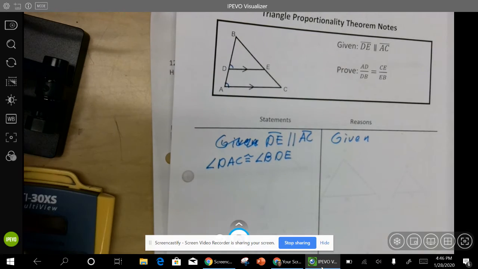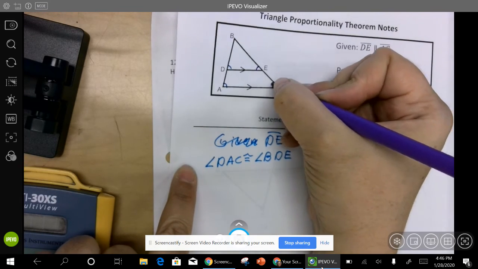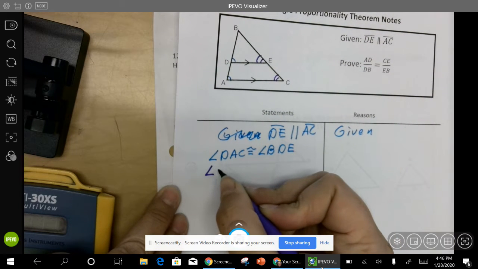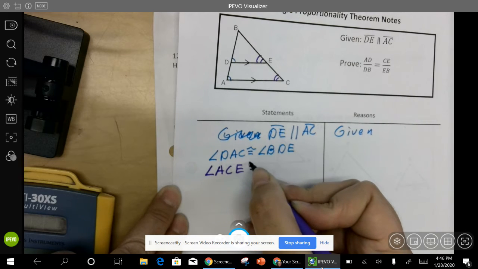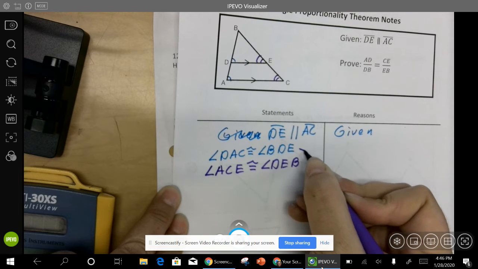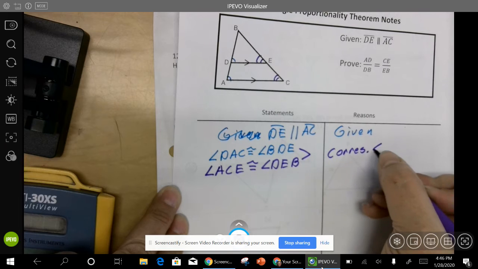And then we also have that these pairs of angles are congruent also because the lines are parallel. So angle ACE is congruent to angle DEB. Okay, and that is because of the corresponding angle theorem.